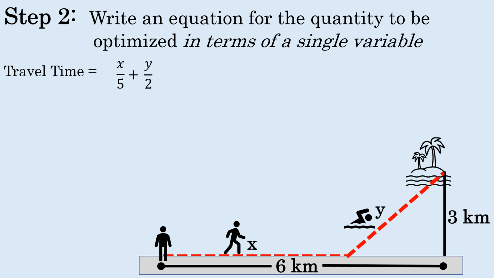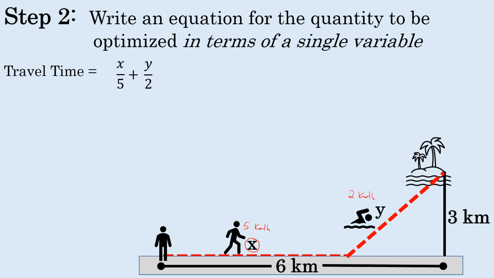Again, an equation representing total travel time is x over 5 plus y over 2, where x is the distance walked, and that is at 5 kilometers per hour. That's where the divided by 5 comes from. And y is the distance swimming, where the speed swimming is 2 kilometers per hour.